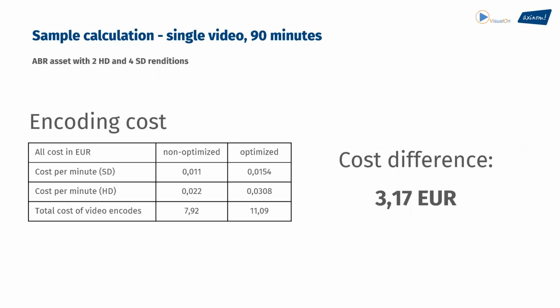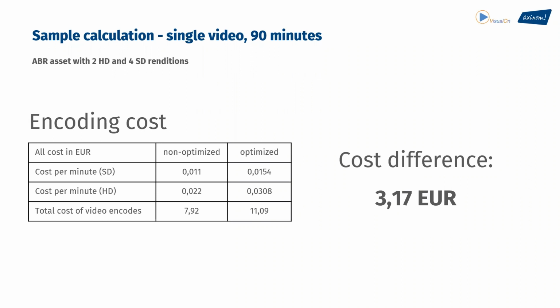Here we show a sample calculation for a single video, 90 minutes in length. We assume that we create an adaptive bitrate asset with 2 HD and 4 SD resolutions and calculate the cost for this. So let's have a look at the encoding cost for optimized and non-optimized versions.